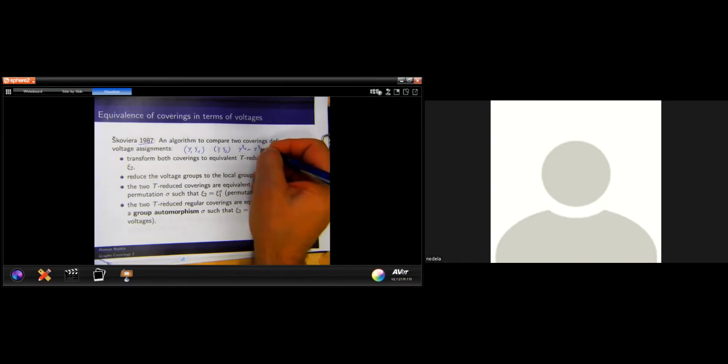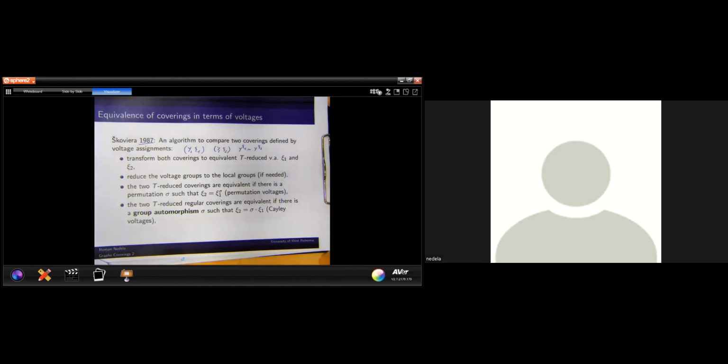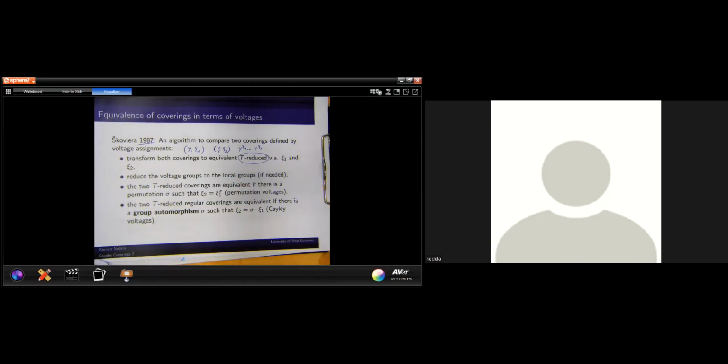So when do the coverings defined by the voltages give the same covering, and here is the algorithm. First of all, to compare the voltage assignments, there is a procedure how to reduce the coverings, how to reduce the voltage assignment onto a T-reduced voltage assignment.